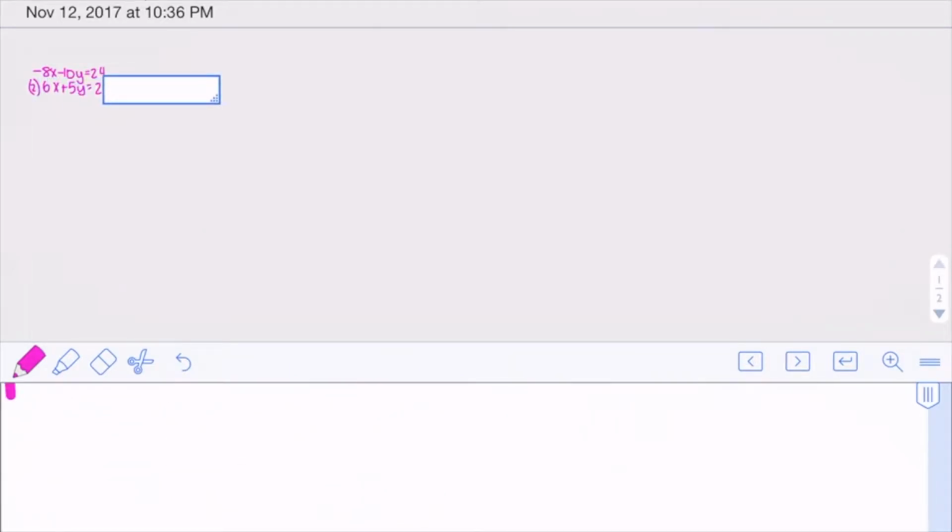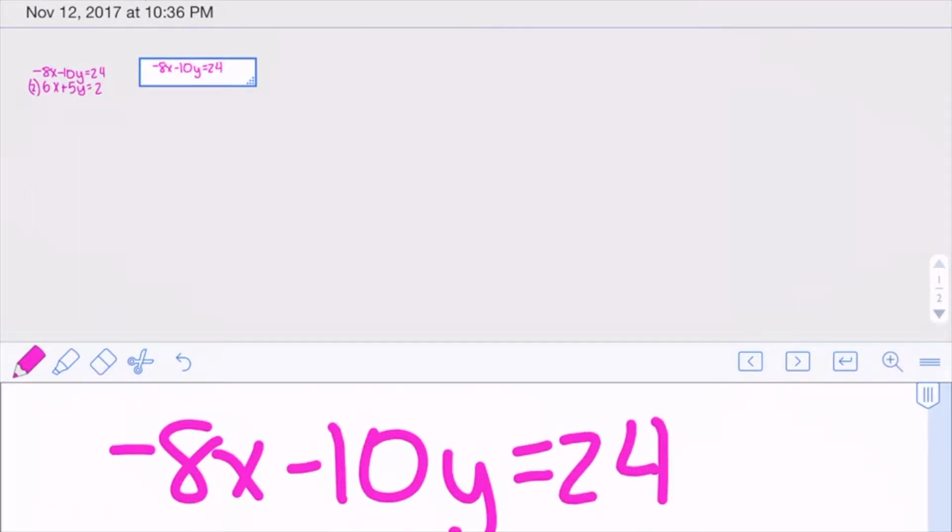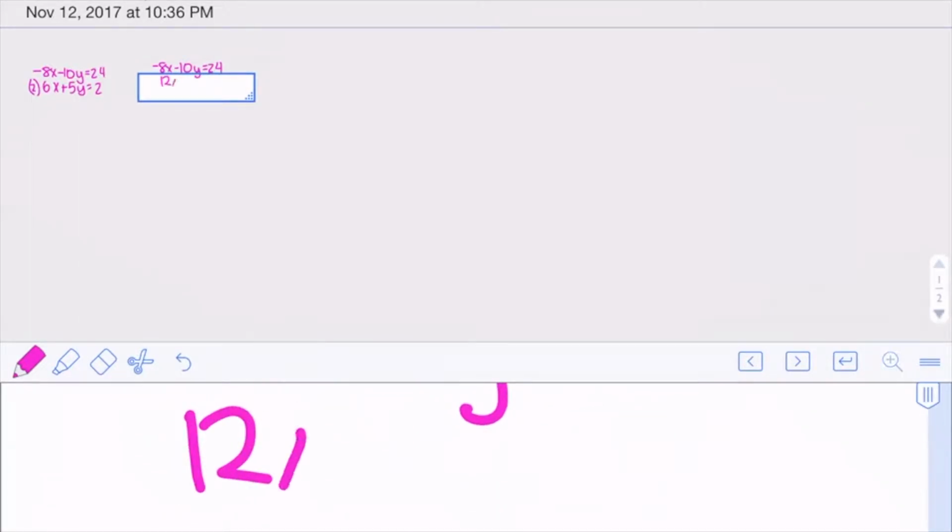As I previously said, to eliminate a variable, you need to have the same number in front of the variable, one having a negative and one being a positive, so that they can cancel each other out. So the way that I have chosen to eliminate one of the variables is to multiply the bottom equation by 2 so that I can get 12x plus 10y equals 4.